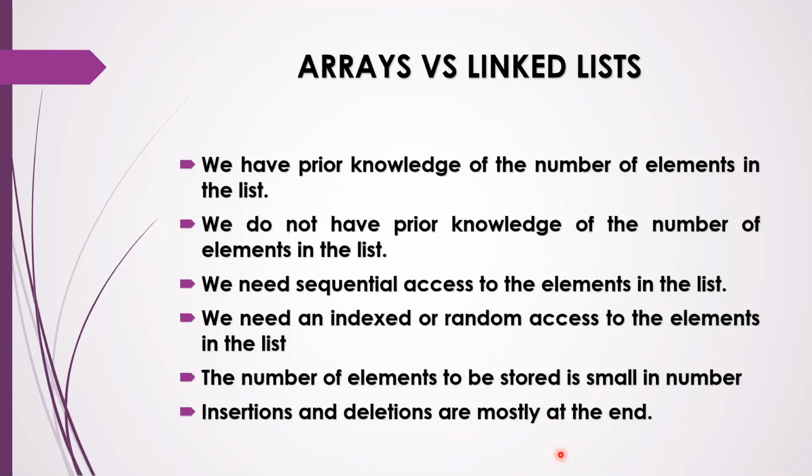And when insertion and deletion are mostly at the end, for example in this scenario, an array would be a good choice because it does a shift operation. Whereas in a linked list, you should have an extra pointer to store the last node because it will be helpful.